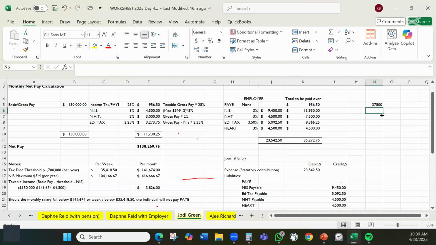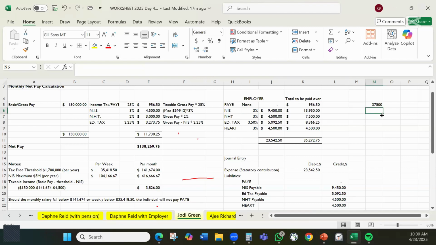And you also have the NIS as allowance, which was calculated before as the $4,500. So you take out the threshold, you take out the NIS, and it is what is left over that you calculate the 25% on. So right now, all we have left over is 3,826, and that is what we're going to apply the 25% on.